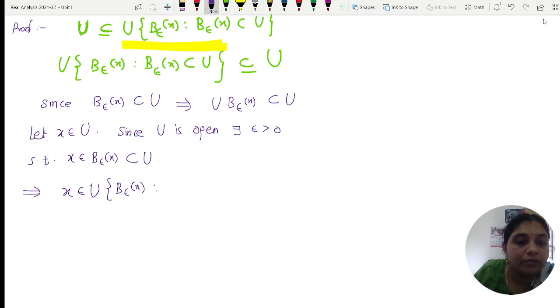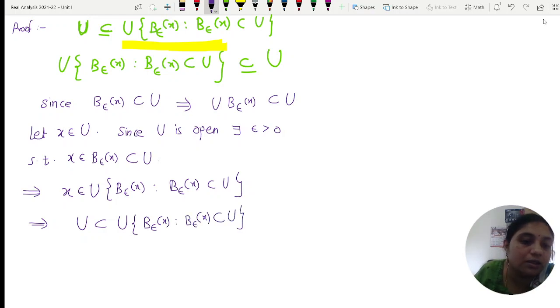This gives me that U is contained in the union of B epsilon of X such that B epsilon of X is totally contained in U. So from 1 and 2, the theorem is proved.